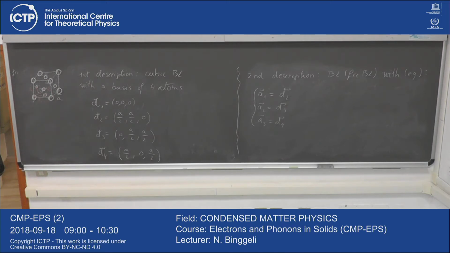So with these three vectors, I can show that all points in the FCC lattice are reached by n1 a1 plus n2 a2 plus n3 a3. Well, it can be shown.